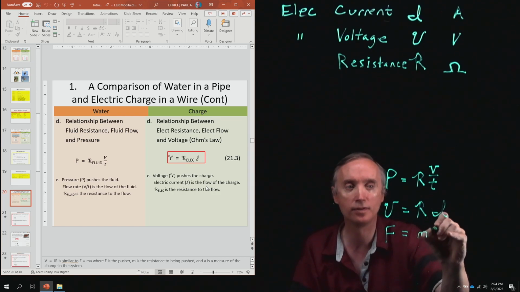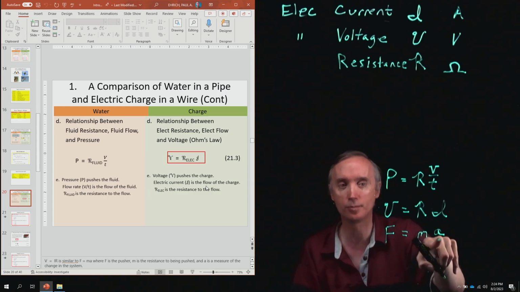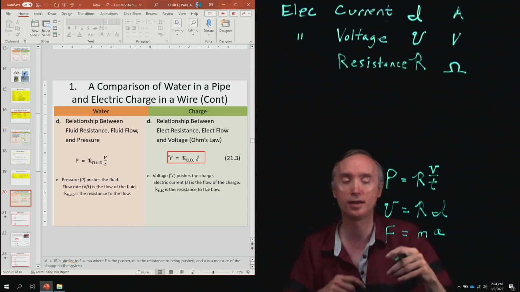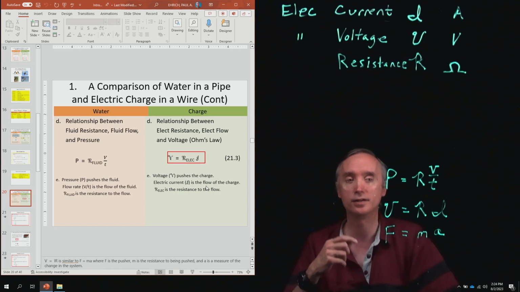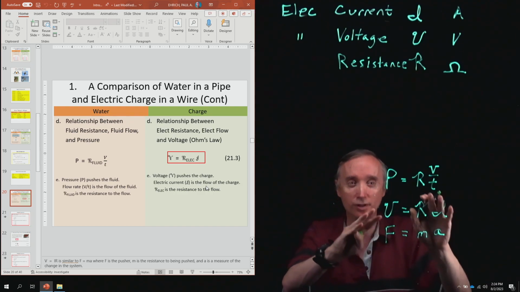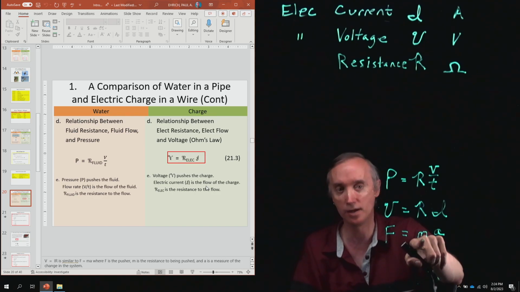And so A is the movement of the piano. So that's kind of similar to the current. And then M is called the inertia. So a larger object is going to have more inertia than a smaller object. So that piano is going to be really hard to get going because it has a very large M.